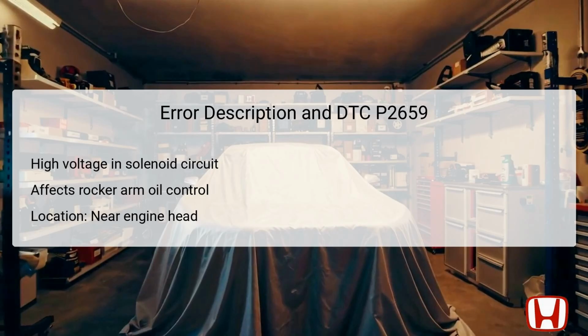The rocker arm oil control solenoid A is typically located close to the engine head, making it accessible for inspection and testing. Given its critical role in managing oil flow and ensuring that the engine operates efficiently, any issues identified by this DTC should be addressed promptly to prevent long-term damage.